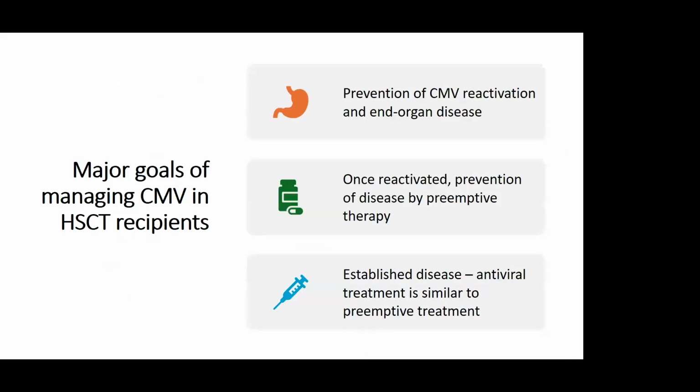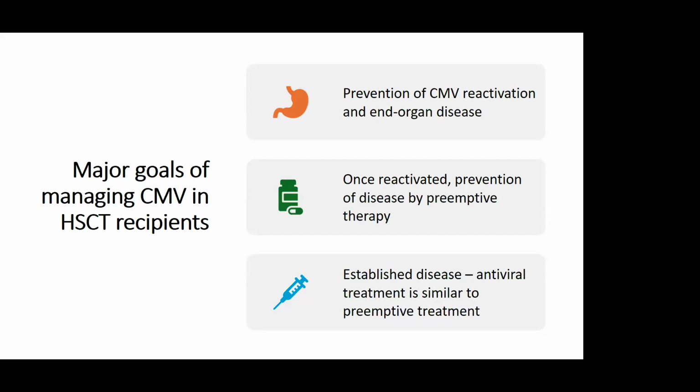So, what are the major goals of managing CMV with antivirals? First is we want to prevent CMV reactivation, because if we prevent that, organ disease is not going to happen. But if it reactivates, then we would have to get in there with preemptive therapy to stop that reactivated virus from causing disease.